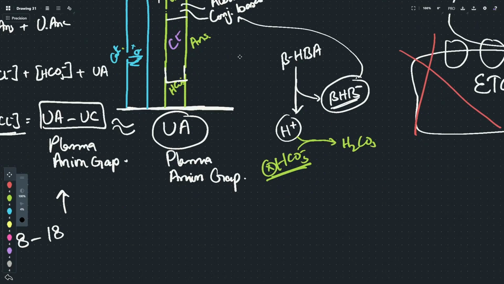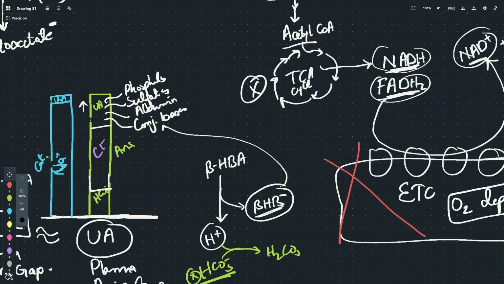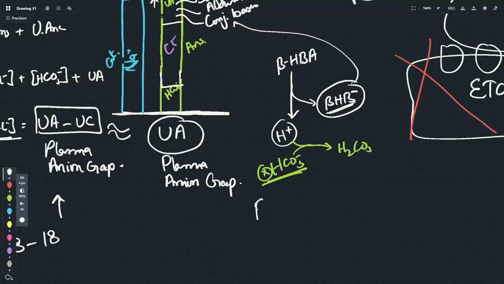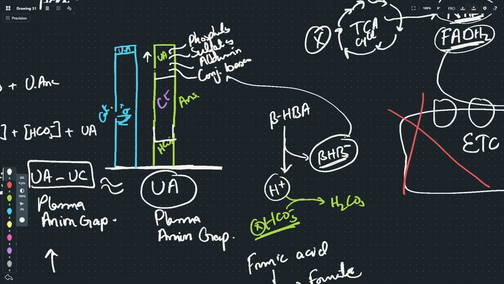And of course, if an external acid is there, like salicylic acid or formic acid, let's say formic acid, again very simple and logical, it will release H positive, which will consume bicarbonate, and it will form formate. This formate will go here and raise the unmeasured anion. This is very easy to understand.